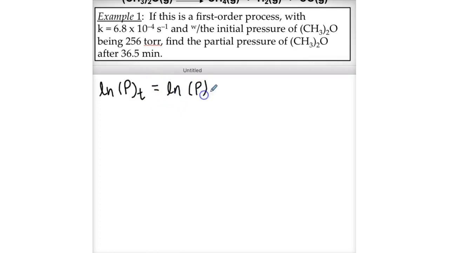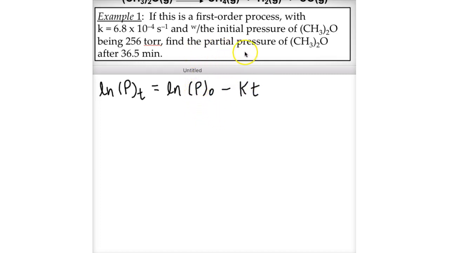Okay, so what we're going to do is rewrite our first equation. So the equation is natural log of the pressure at a certain time, which is 36.5 minutes, is equal to the natural log of the initial pressure minus kt.